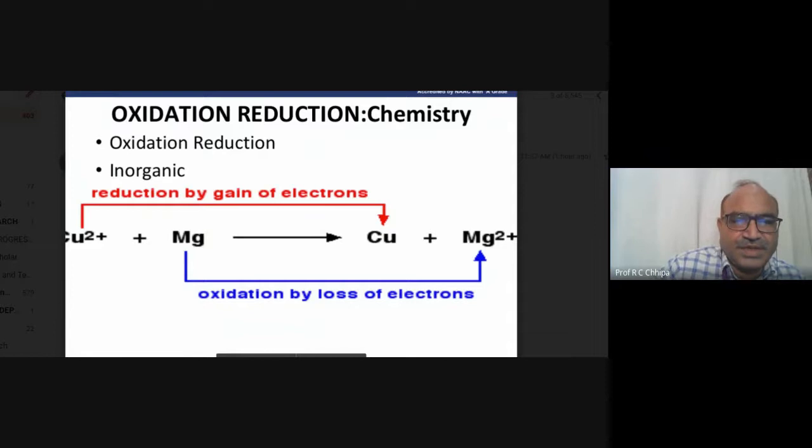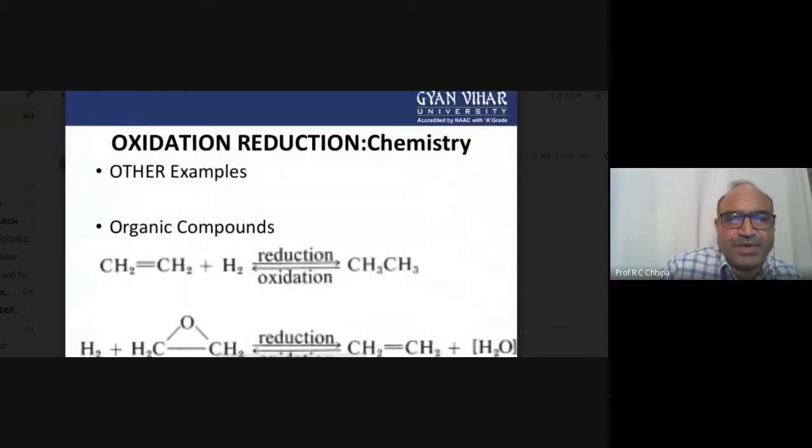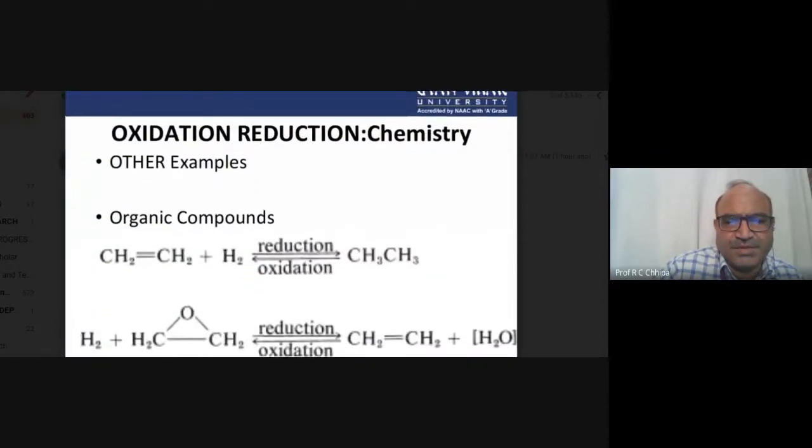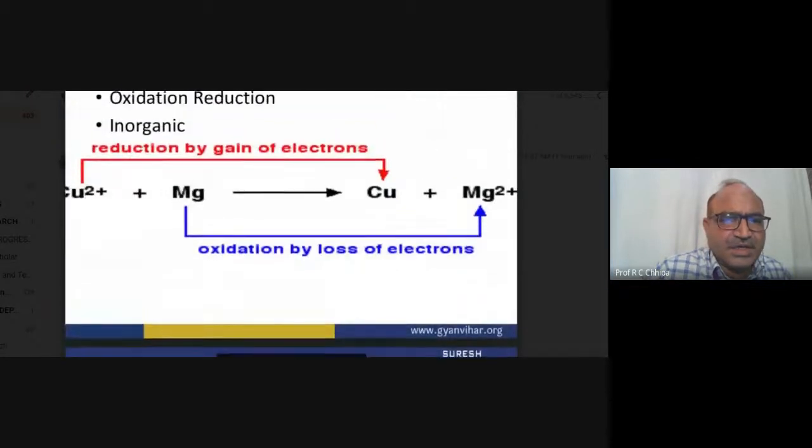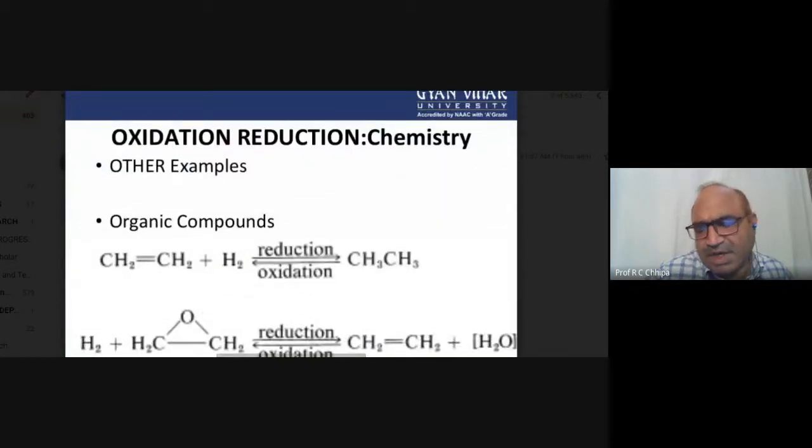So now we can say one more oxidation reduction in chemistry. Different examples are there, which we have already discussed. This is one of the oxidation reactions. I have earlier discussed that organic compounds also undergo redox reactions. What happens in the case of oxidation?